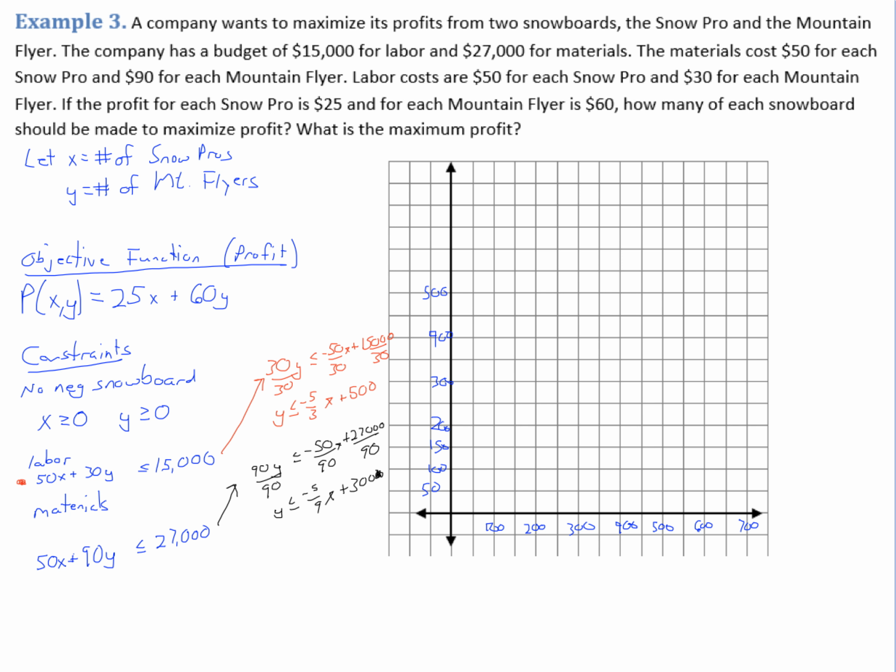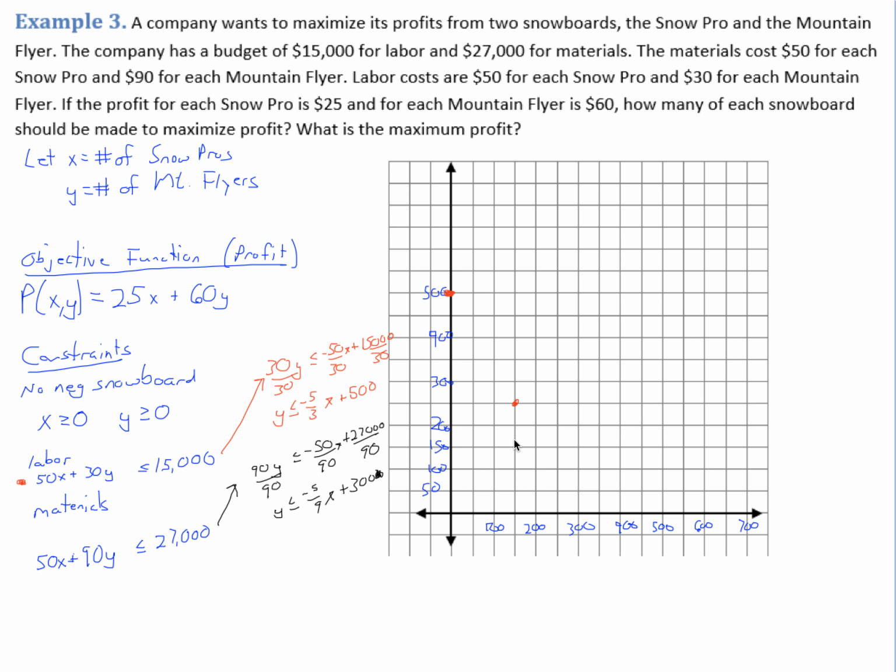Let's go ahead and graph this inequality because of our labor. So in red, we're going to start at 500. And we have a slope of negative 5/3. So negative 5/3 could be negative 500/300, or any ratio of this. So we can go down 5 spaces, 1, 2, 3, 4, 5, and then right 3, 1, 2, 3.